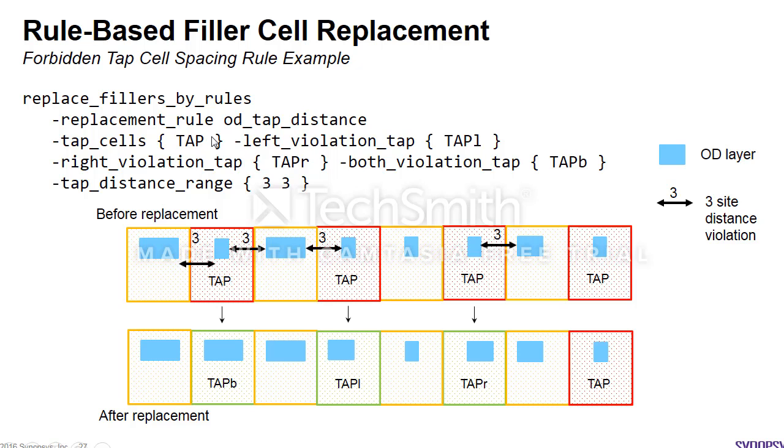When you have this pattern that creates a violation, you will replace it depending on which side the tap cell is on.